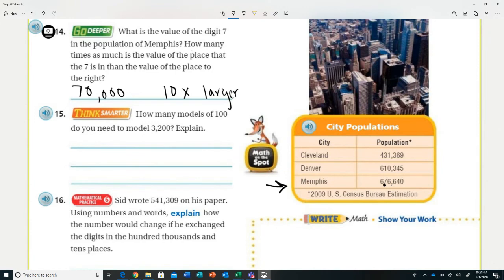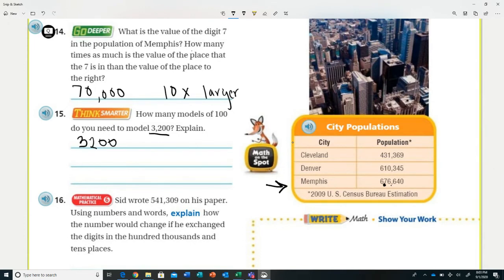Excuse me. Number 15, how many models of 100 do you need to model 3,200? So I'm going to give you a little hack on this one. I used this before in a different video.